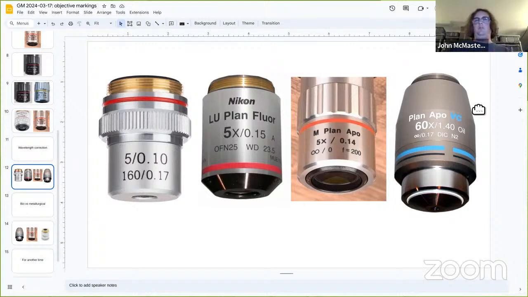The field number is basically: you have this specification on the objective, how large of an area does that quality hold for? Eventually you're just going to hit the edge of the objective, so you're not going to see anything beyond that. But what is a wide field objective versus a narrow field objective?